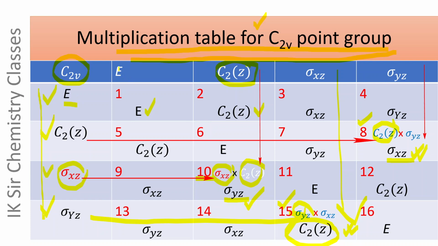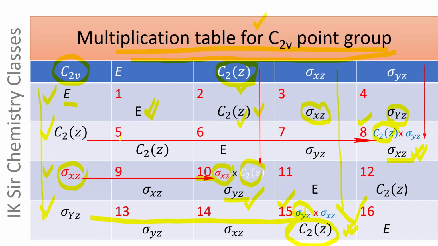E multiplied by sigma xz is equal to sigma xz, and E multiplied by sigma yz is nothing but sigma yz. These are the products at positions 1, 2, 3 and 4.